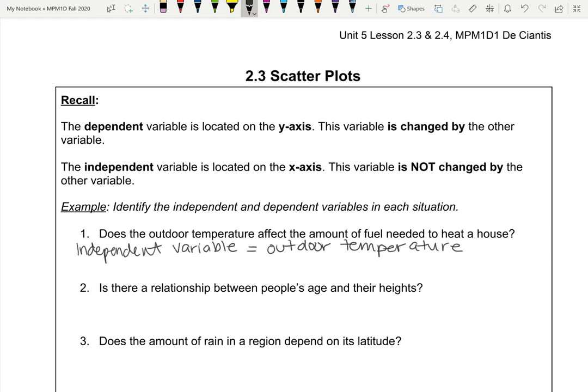The weather outside we cannot control. Right now it's January, it's very cold. Most of us would probably prefer it to be a little bit warmer outside, but we can't control the weather. So the outdoor temperature is the independent variable.